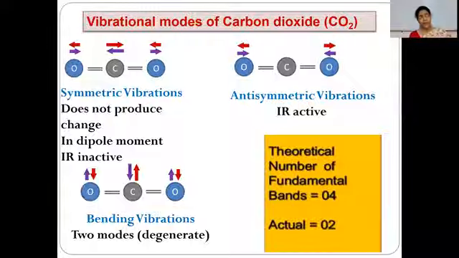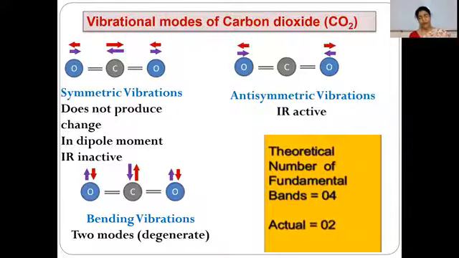Since on both sides, the difference in bond length is the same. Suppose here is -5 micron, here is +5. So minus and plus will be cancelled and the total change in the dipole moment will be 0. So symmetric vibration is IR inactive. Antisymmetric vibration. In antisymmetric vibration, polarity is the same.